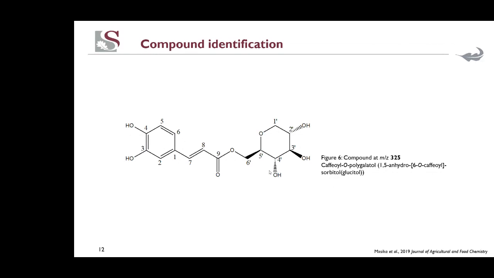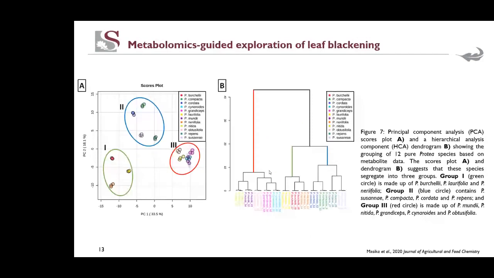Now, initially, I spoke about the post-harvest disorder leaf blackening. So what we did in this study is to look at all the different species that were available to us and try to see which ones would have different compounds based on their susceptibility to leaf blackening. And what we found was we have a PCA score plot. A PCA score plot shows you differences and similarities between samples, and species in this case.